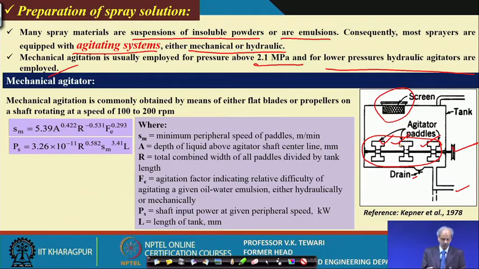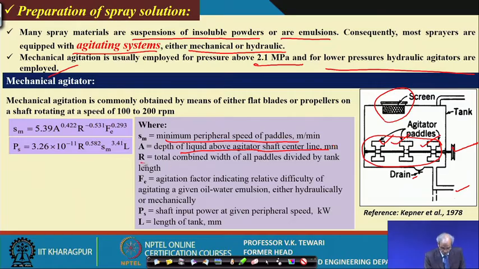Now, some of the information which is available in literature is worth mentioning to you. People have developed empirical equations using these paddles. For example, they have used the minimum peripheral velocity of the paddles, then the depth of liquid which is essential above the shaft center line, which is important.